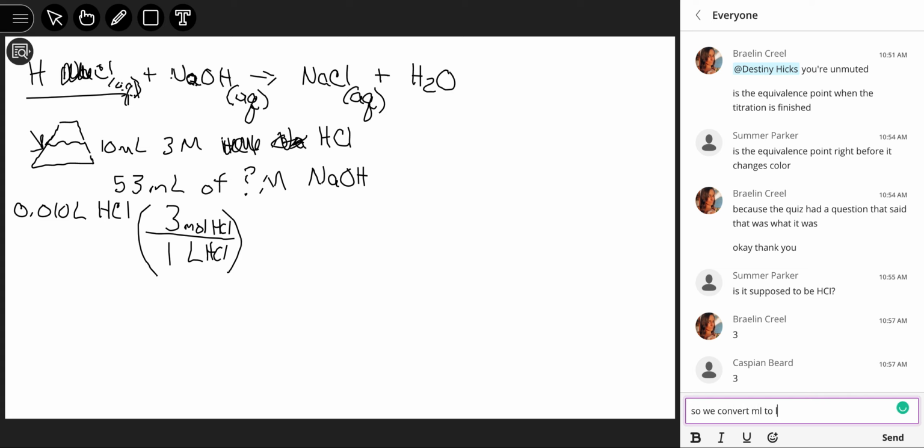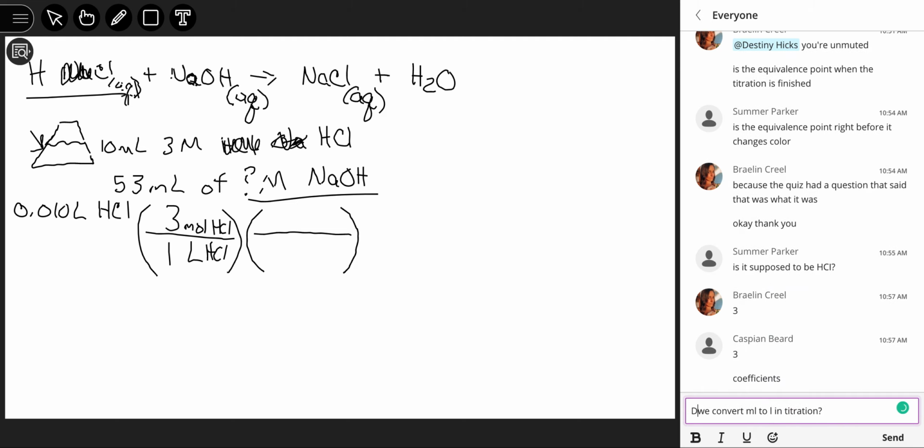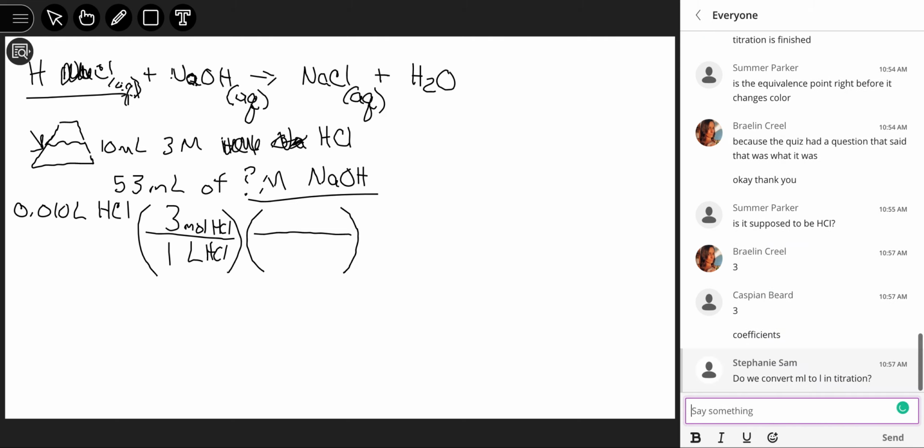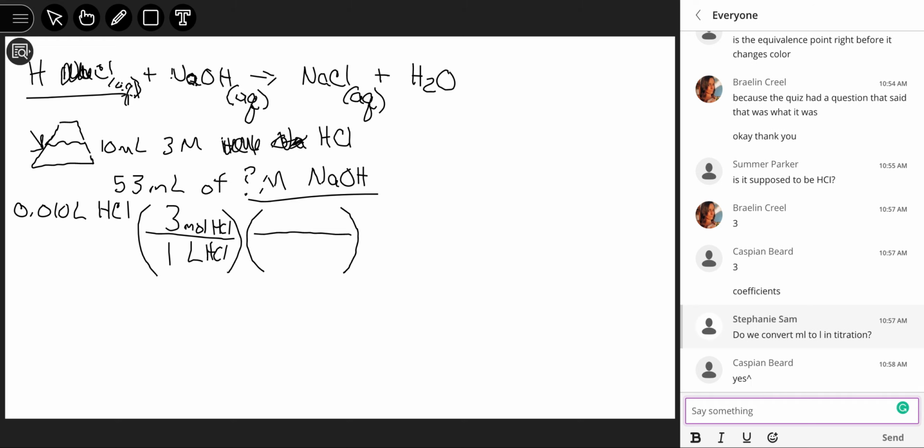We need to get to moles of sodium hydroxide to be able to figure out what the molarity is. So we have to go from moles of one thing to moles of something else. What would we use? Coefficients, correct. The coefficients for everything here are all ones, but if they weren't, we would just use those. Yes, you would want to convert to liters.